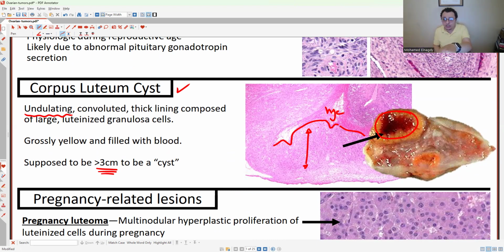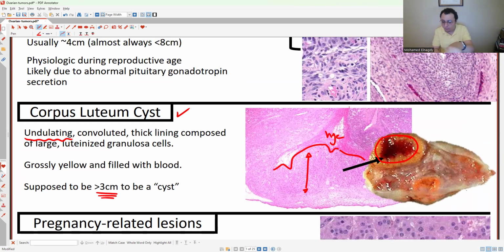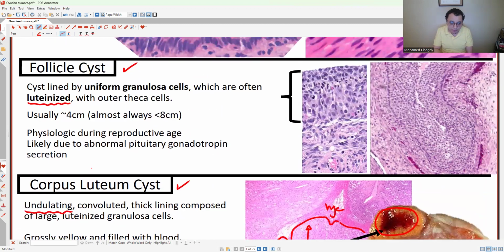If it did not degenerate, it just remained there, formed some kind of cyst, and collected some blood because of the ruptured follicle, and it retains some hemorrhage, forming some central hemorrhagic area that you'll find in the middle of the cyst, with some stratified lining and undulation. It usually grossly looks yellow, like a corpus luteum. That's what qualifies as a corpus luteum cyst.